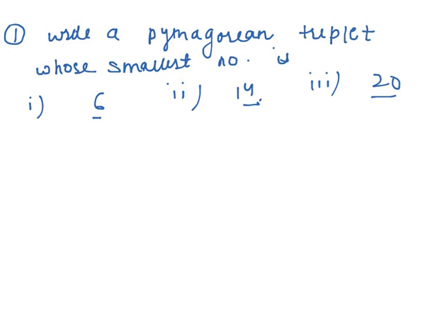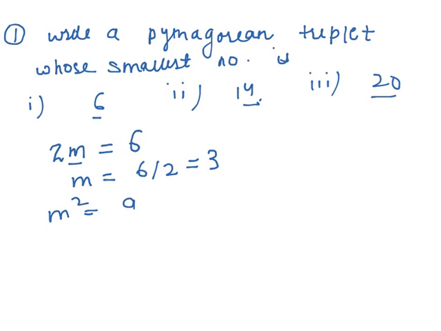So what will be the three numbers that can form the Pythagorean triplet? In that case the smallest number is 2m and they have given the smallest number as 6. So from here we can find the value of m. In that case m will come out as 6 divided by 2, it will be 3. So m square will be 9.